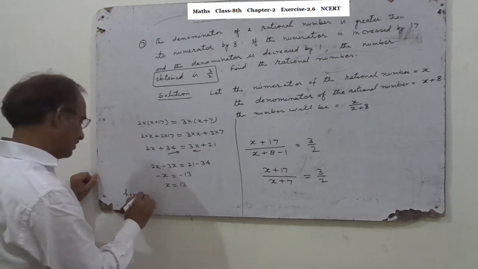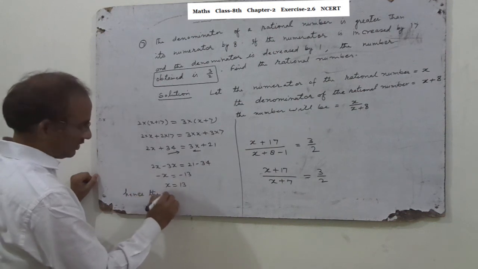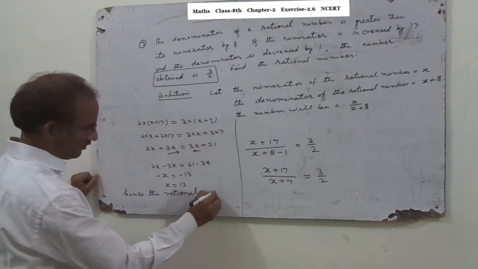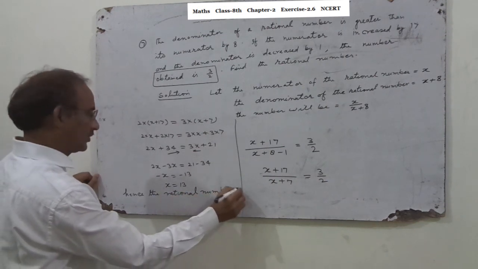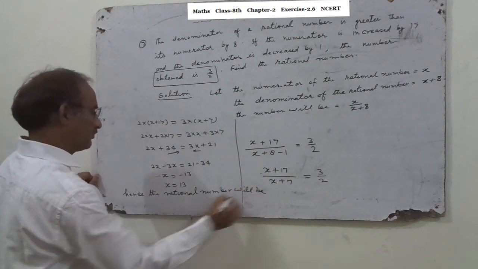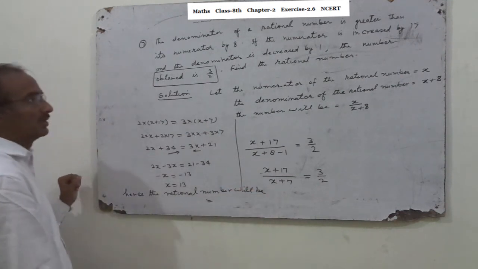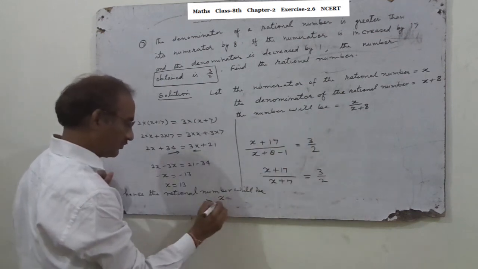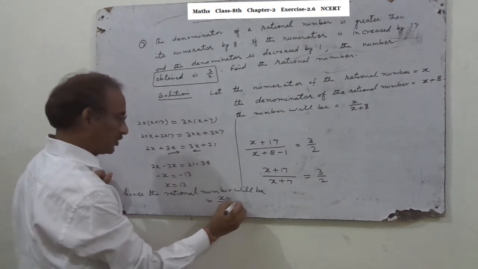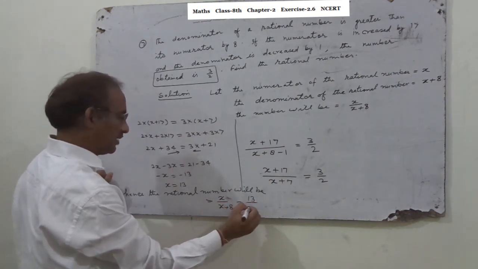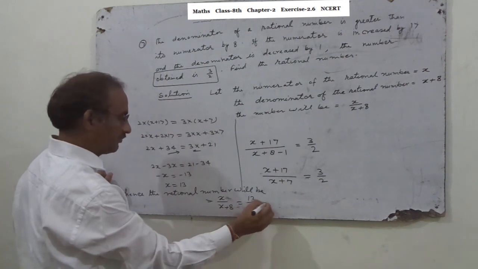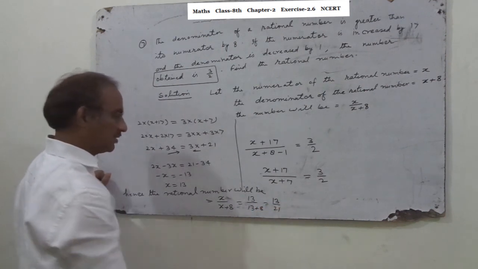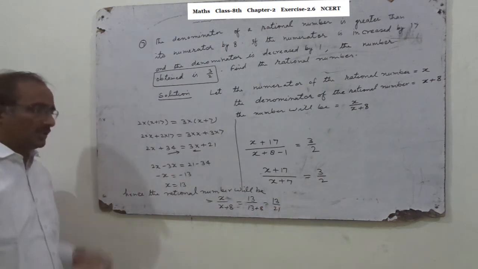Hence the rational number will be x upon x plus 8. So it will be 13 upon 13 plus 8 and it becomes 13 upon 21. This is our answer.